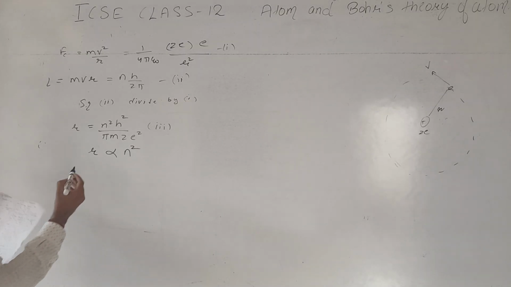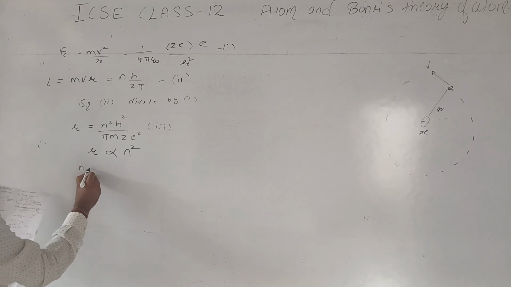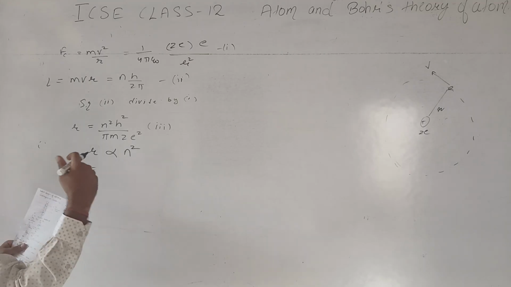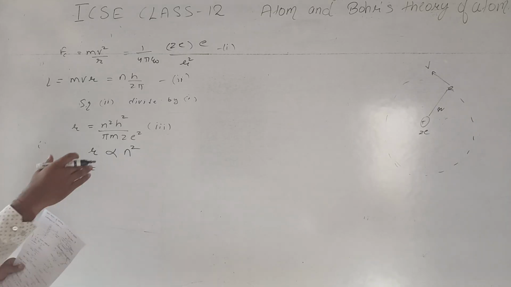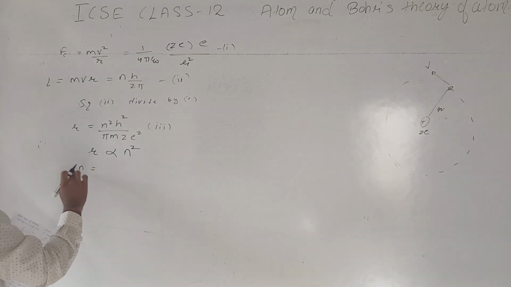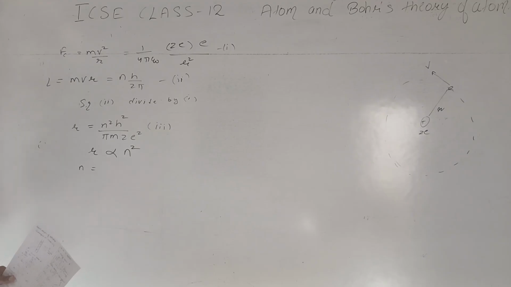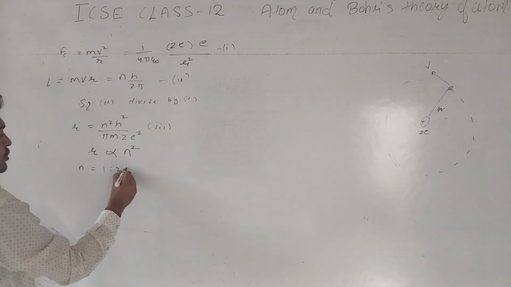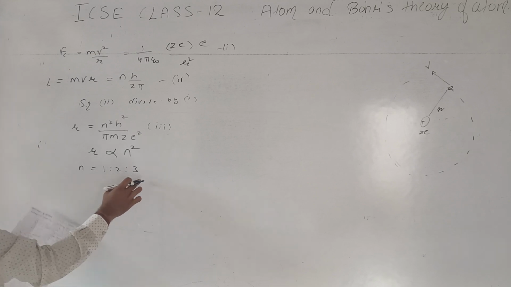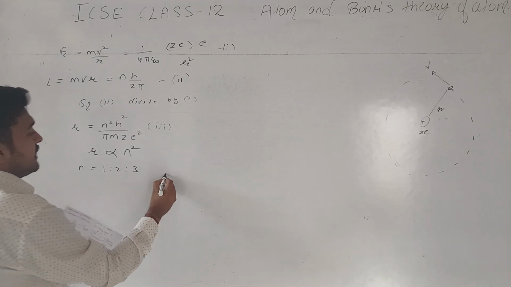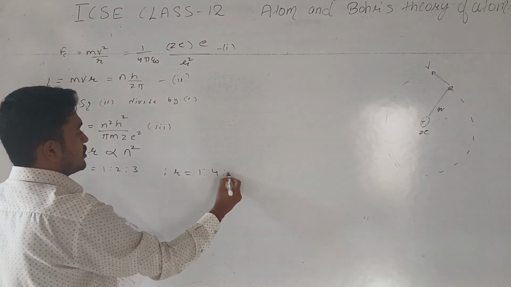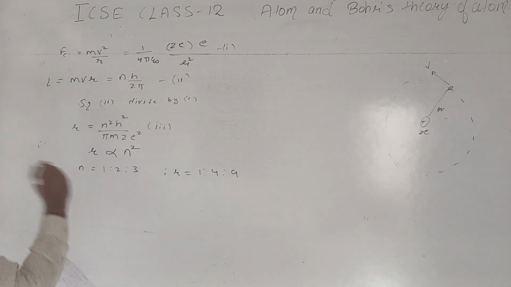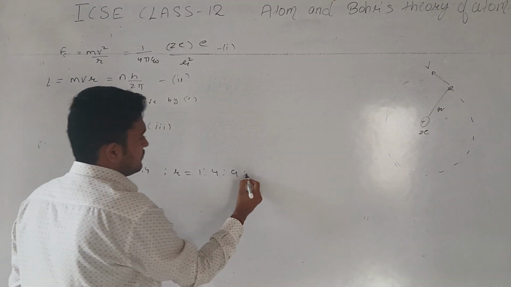If the ratio of angular momentum of the electron in different orbitals is n times h upon 2 pi, which is 1 ratio 2 ratio 3, then the corresponding radius will be in the ratio 1 ratio 4 ratio 9 ratio 16.